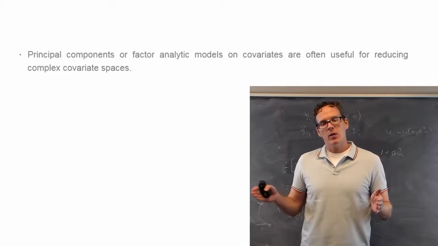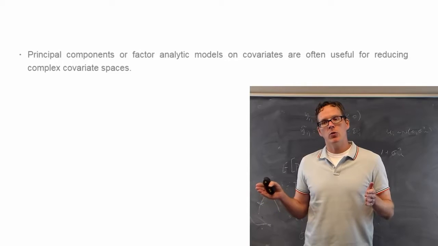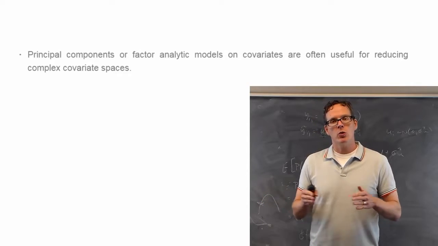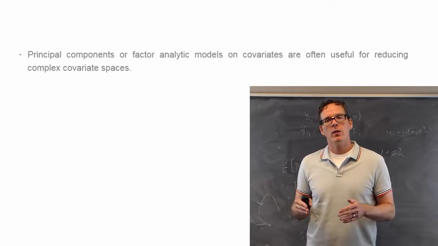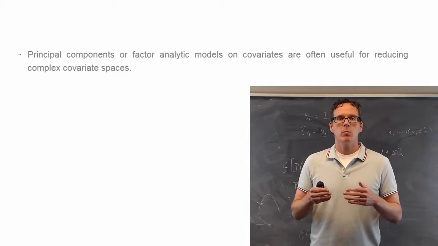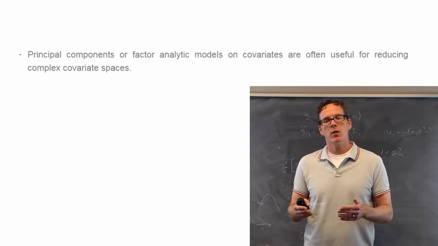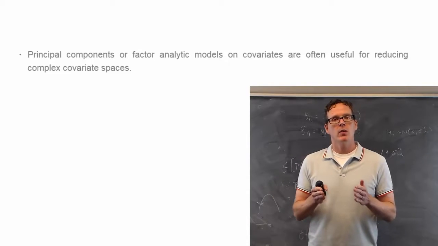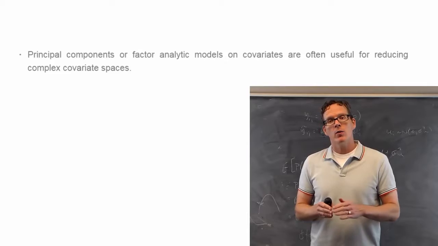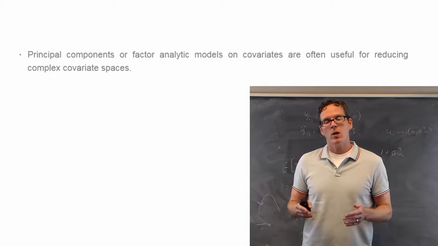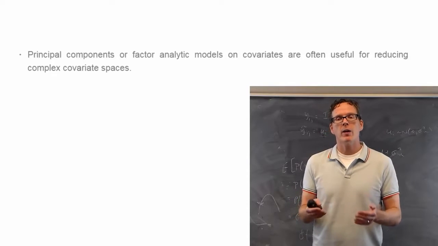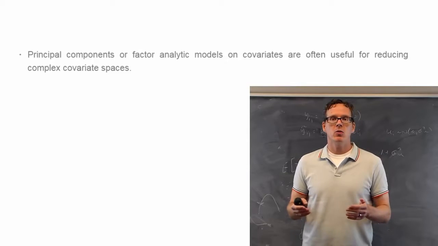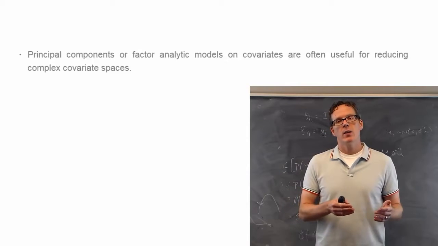If you have a lot of regressors and you're interested in how do I reduce this space, then there's a lot of factor analytic techniques and things like principal components that are available to you to reduce your covariate space down to size. Now, however, those come with consequences. Your principal components or factors that you obtain might be less interpretable than the original data that you're interested in.